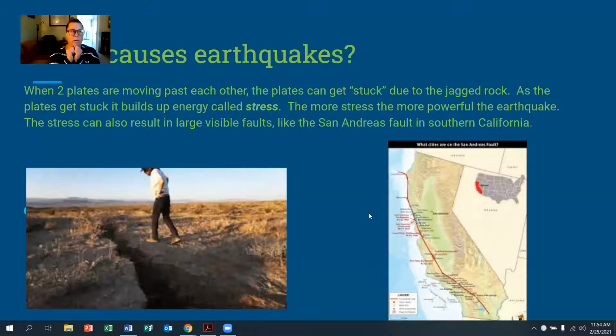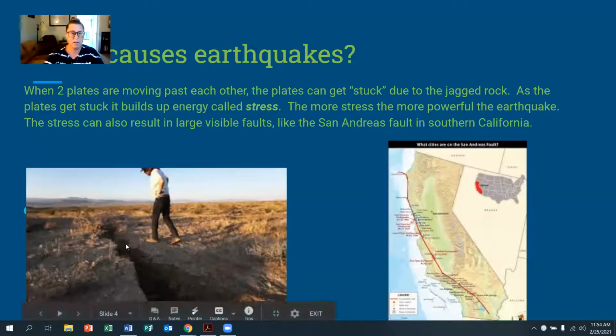When you're blowing up the balloon, you're creating so much stress within that balloon that if you blow it up too much, it's going to pop. Well, these plates are building up so much stress when they're trying to move past one another with this jagged rock. And when it eventually releases, like when the balloon pops, it's going to create that earthquake.